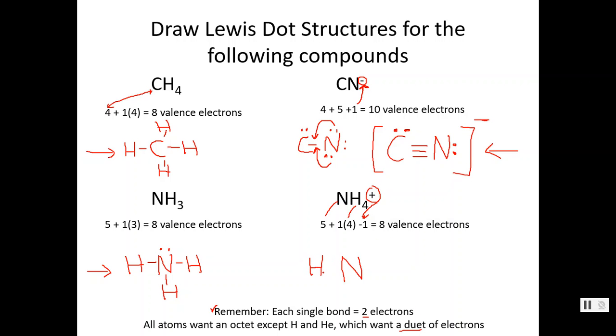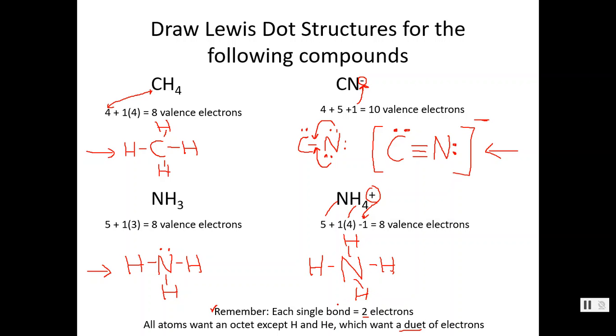I'm going to have nitrogen as my central atom and scatter my outer hydrogen atoms around the central atom. I start to make single bonds between my center atom and outer atoms, counting by 2: 2, 4, 6, 8.